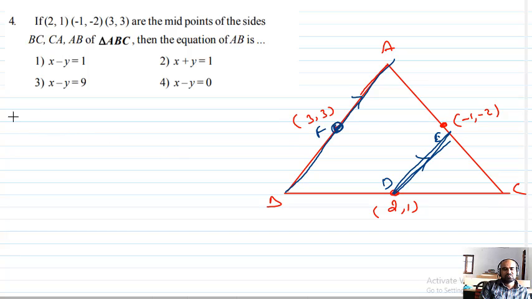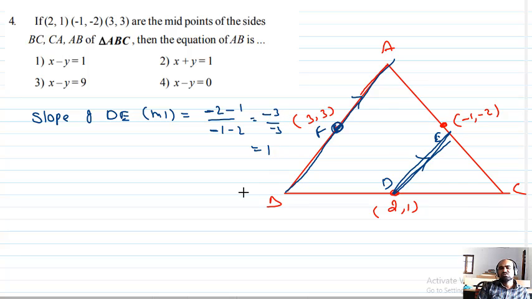I will write the slope of DE, M1, equal to minus 2 minus 1 by minus 1 minus 2, that is equal to minus 3 by minus 3, that is equal to 1. The slope of DE is 1, which means the slope of AB is also 1. The slope of AB equals the slope of DE. What is the reason? AB is parallel to DE.